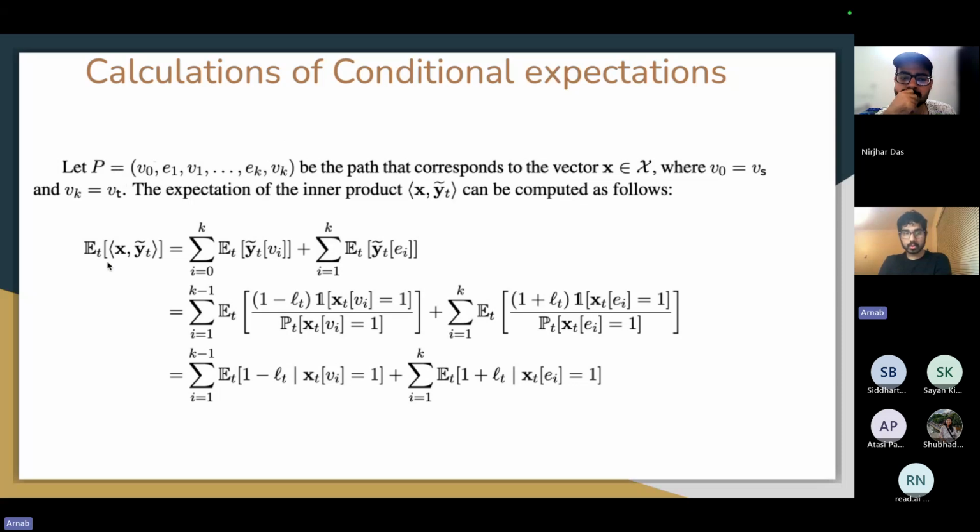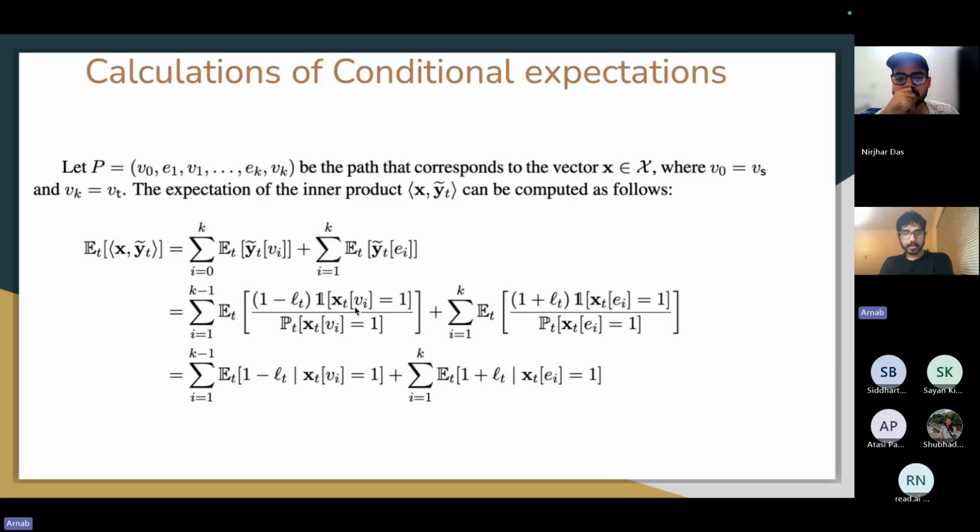And when you start calculating the expectation of this term, it just splits into these two summations, summing from i equal to 0 for the vertices and summing from i equal to 1 to K for the edges. I'm just plugging in the definition of my estimators. Just take a small note that i equal to 0 and K have vanished, because for those estimators I had kept a value of 0.